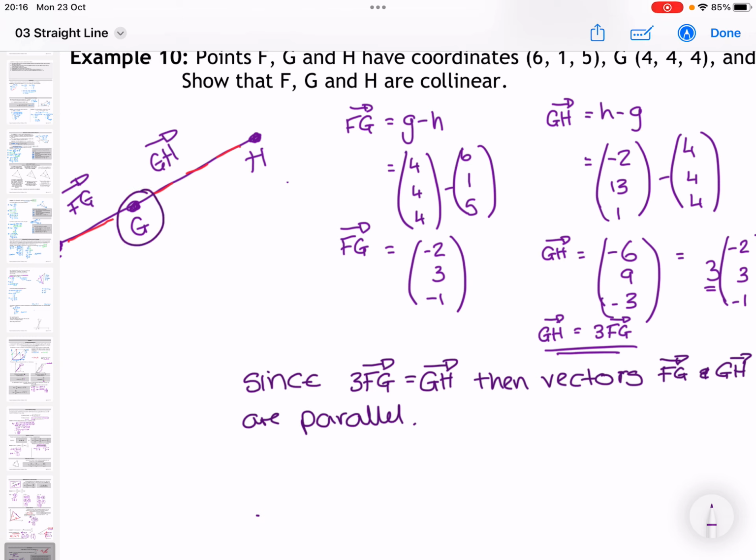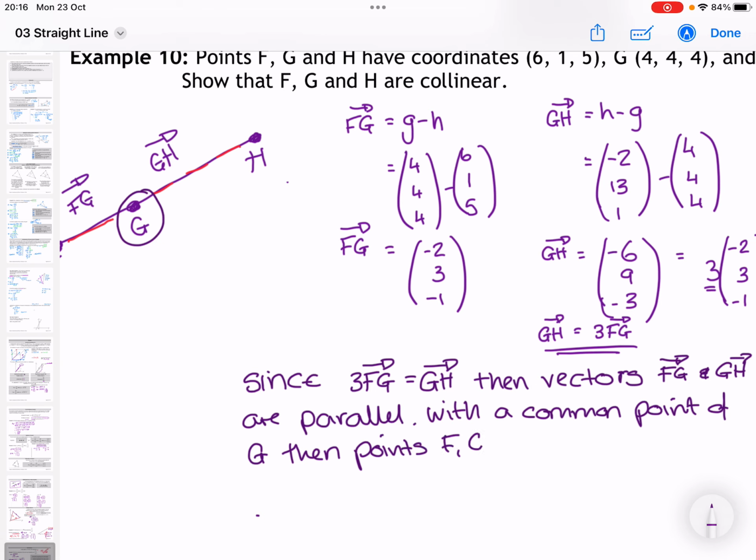So with a common point of G, then points F, G and H are collinear.